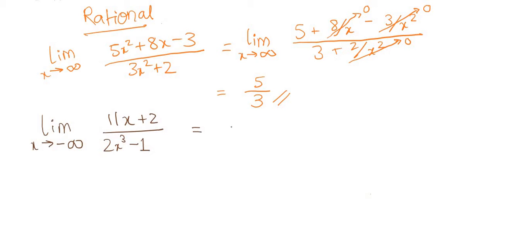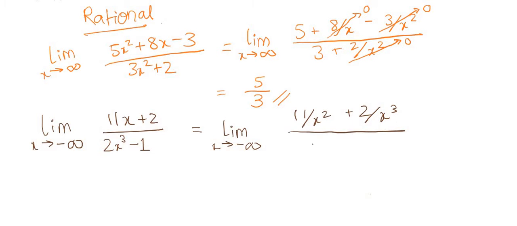Now we're going to divide by the highest degree term, and here it's x cubed. So our question becomes the limit as x tends to negative infinity of 11 over x squared plus 2 over x cubed over 2 minus 1 over x cubed.